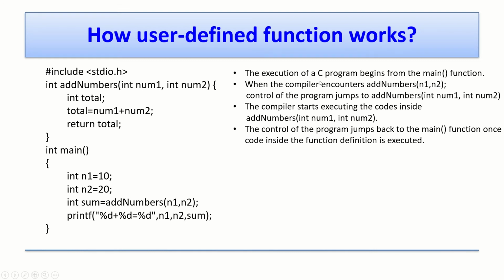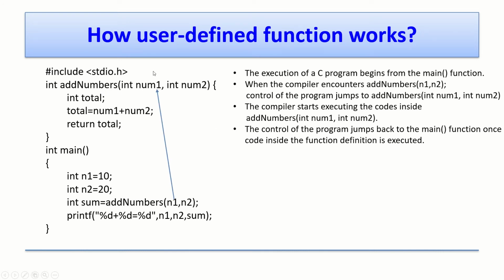The execution of the C program begins from the main function, right? So this is the function which initiates our program, the initiating point. When you call the add numbers function, I have to pass n1 and n2 because in our function definition there are two parameters.